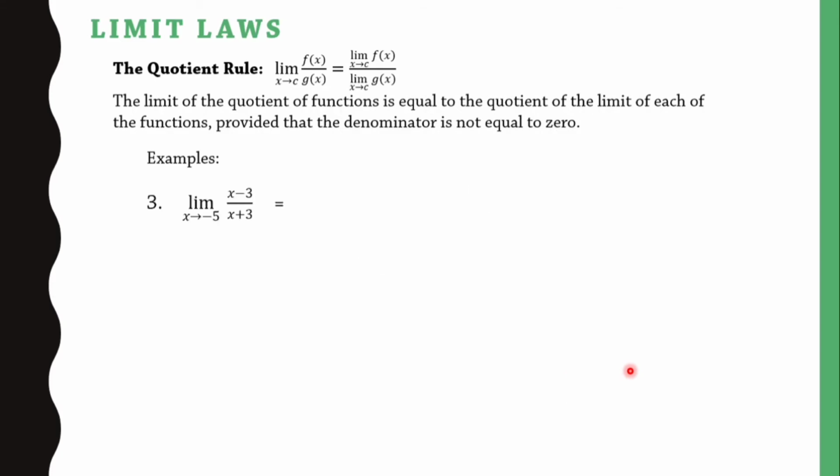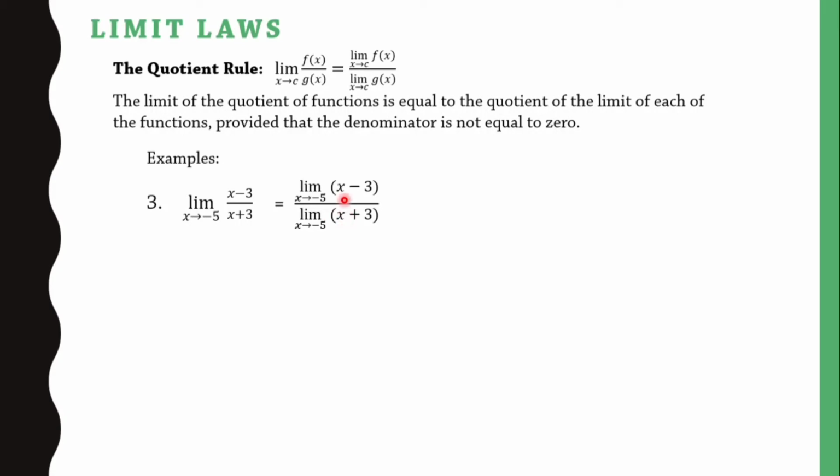The last example: the limit of x minus 3 over x plus 3 as x approaches negative 5. Again, we get the limit of each of the terms in the numerator and each of the terms in the denominator. So that's the limit of x minus 3 as x approaches negative 5 divided by the limit of x plus 3 as x approaches negative 5.